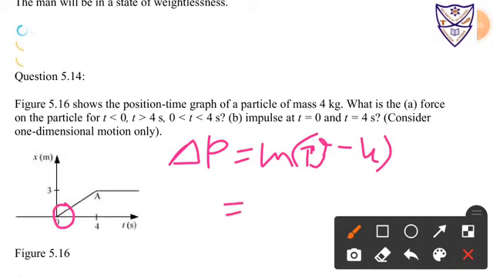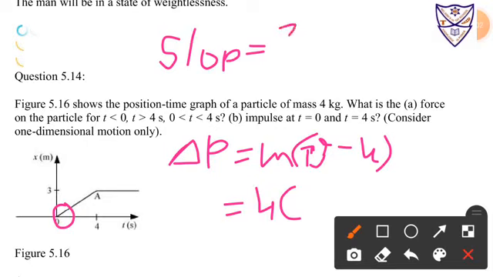If we are talking about 0, the mass always remains constant, 4, right? Then for v, to find the final velocity, we have to find the slope of this graph. What exactly is slope? Slope is equal to y-axis upon x-axis. So y-axis is 3 and x-axis is 4.